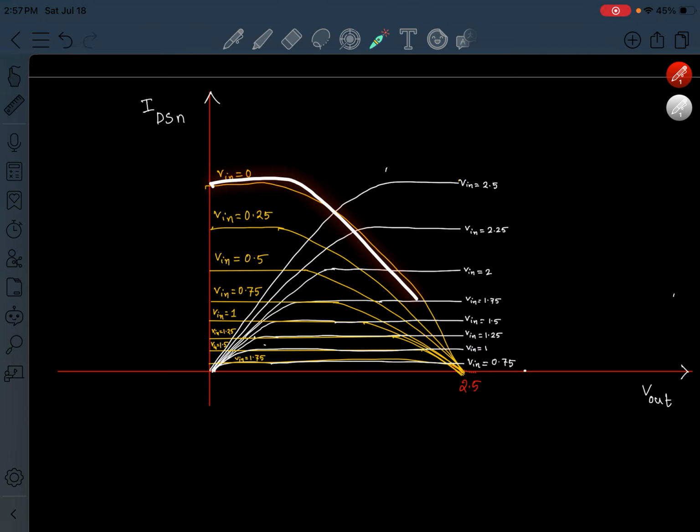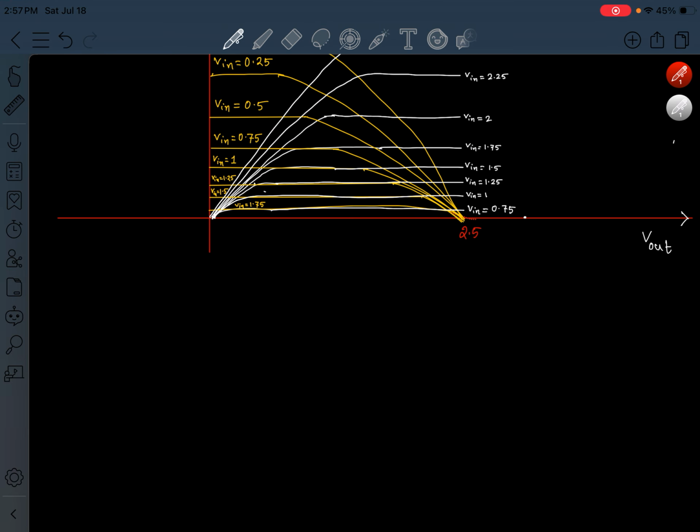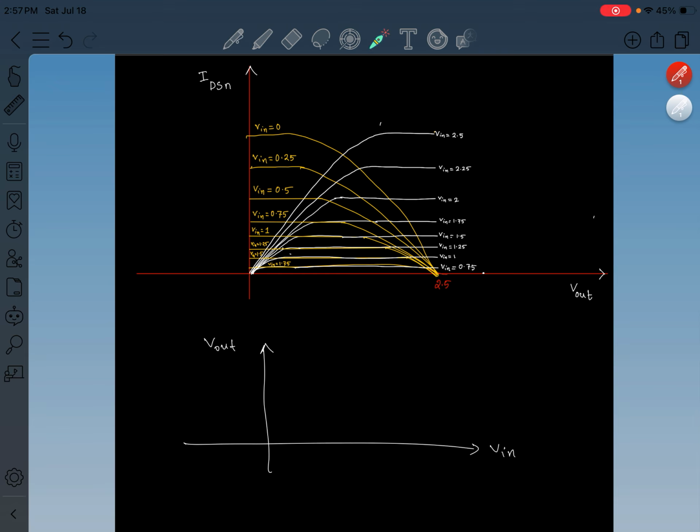This is for PMOS. We have derived this, and the white curve is for NMOS. Now we will try to find the transfer characteristic, that means V out versus V in. Now here look at the curves, the V out is the x-axis, but here V out is the y-axis. Now we start from the lower input voltage.